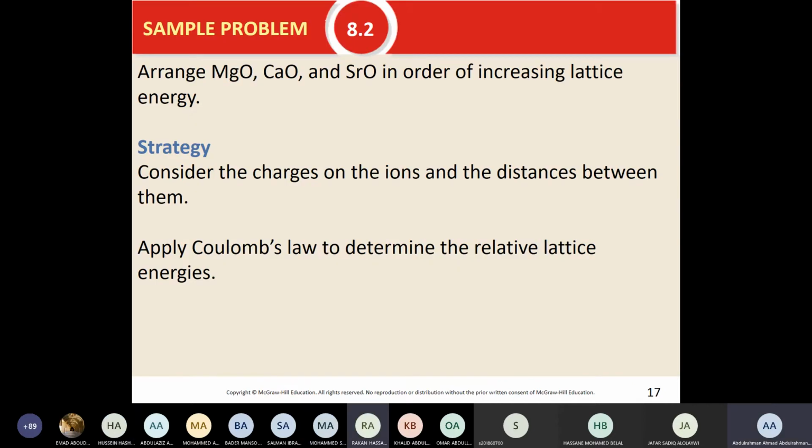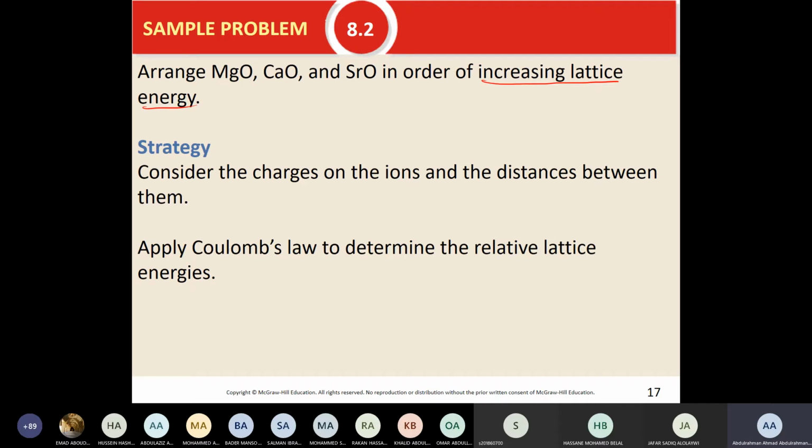Fantastic. Okay, arrange the following in order of increasing lattice energy. Which one has the highest? Look at your periodic table.